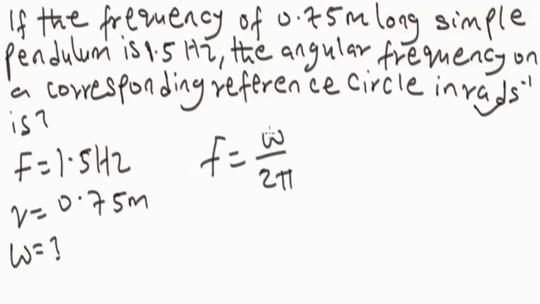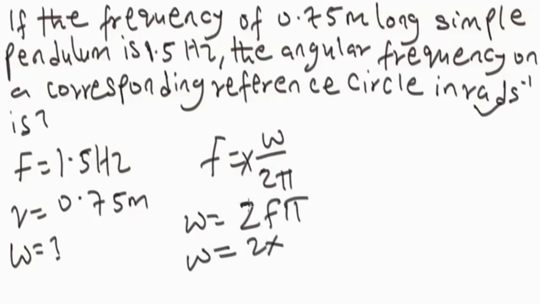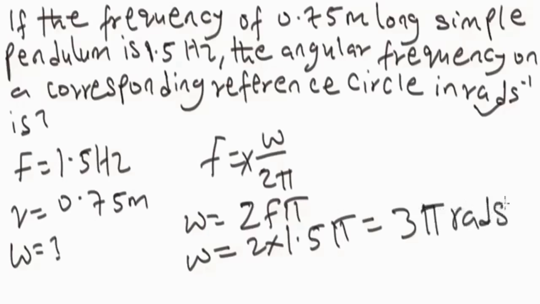This w also represents angular frequency. When you cross multiply, the angular frequency will be 2 pi f. When you substitute, angular frequency will be 2 times the frequency, 1.5, times pi. When you simplify it, we have 3 pi radians per second. So this will be the angular frequency.